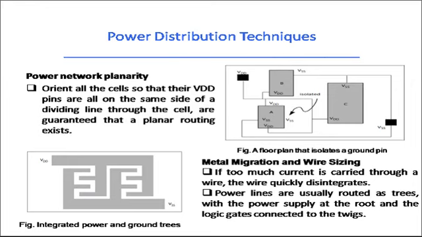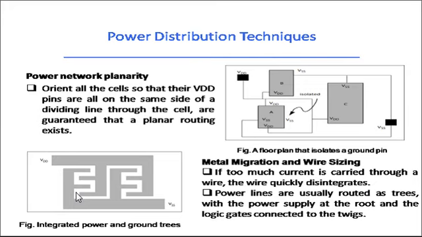The power network is designed as shown in this figure. You can see in this figure a certain arrangement through which the power as well as VDD is routed throughout the chip.